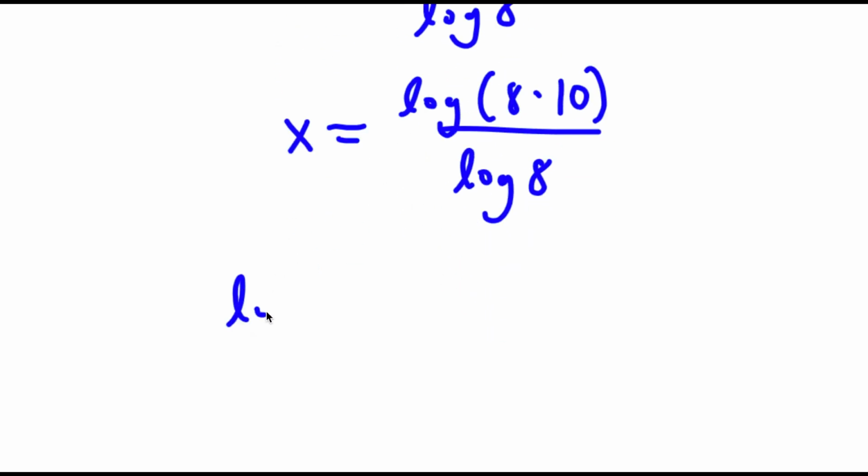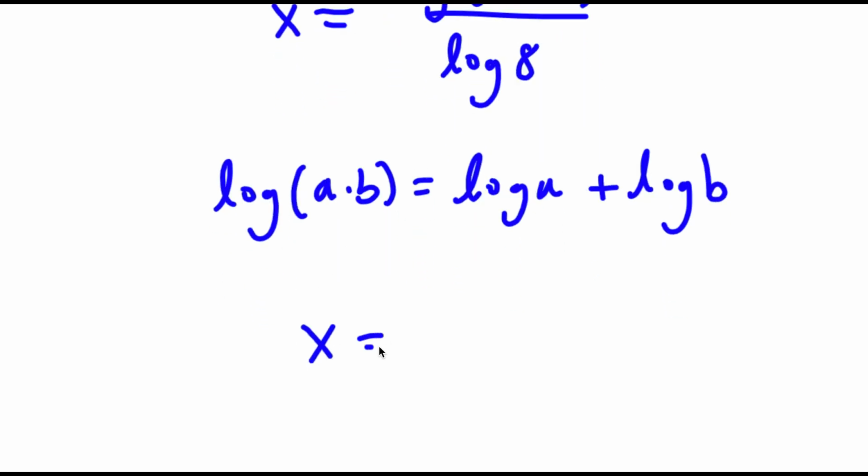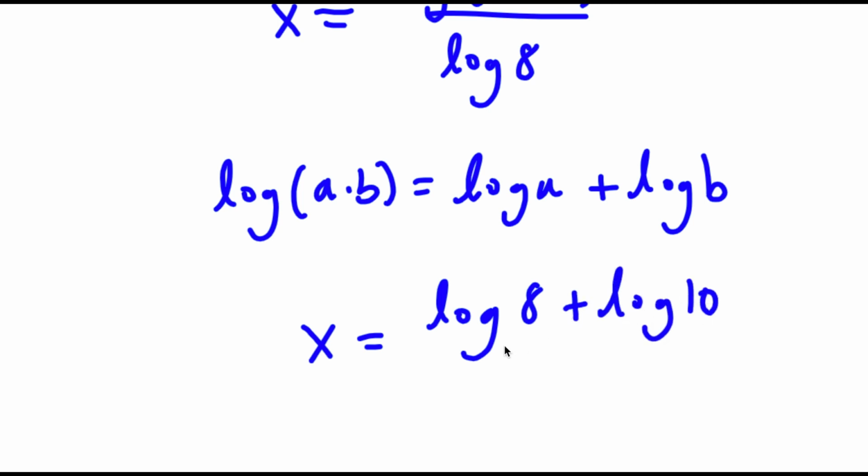And if I have something in the form log a times b, this is equal to log a plus log b. So log 8 times 10 is equal to log 8 plus log 10, and I have this over log 8.